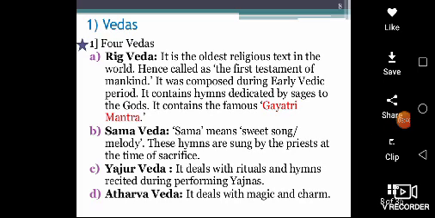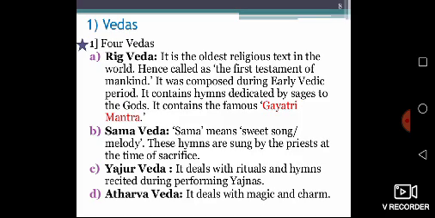Rig Veda is the oldest religious text in the world. Hence, it is the first testament of mankind.